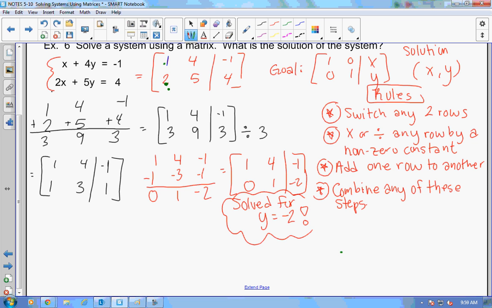Okay, we're so close. How can we get that 4 to be a 0? We want the 1 on the top left, but the 4 needs to be a 0. Now I can't subtract 4 from everything, because if I do 1 minus 4, that becomes a -3. I want to keep this one a 1.